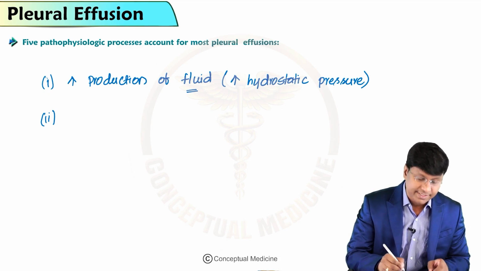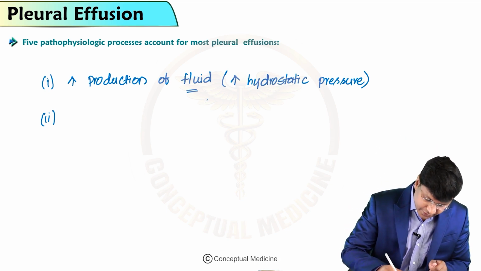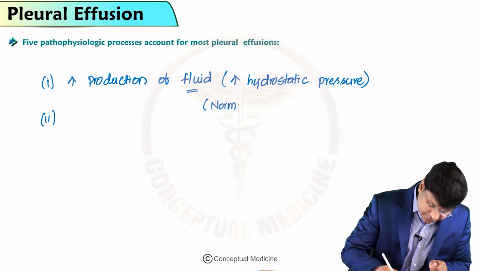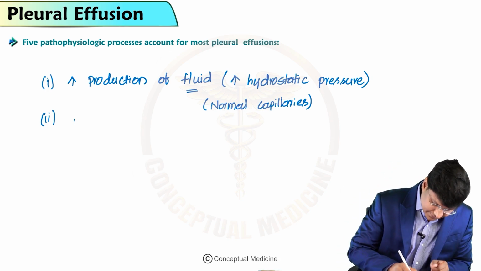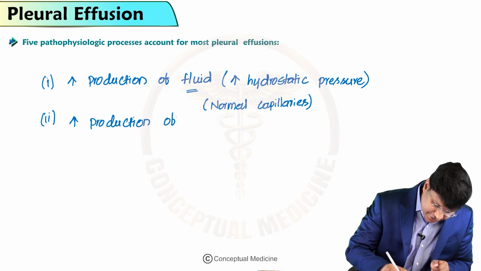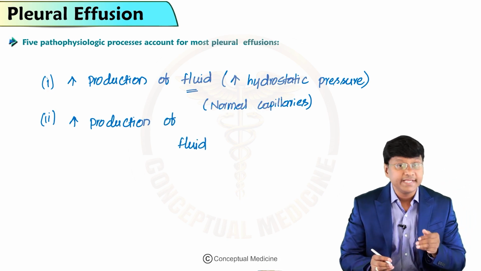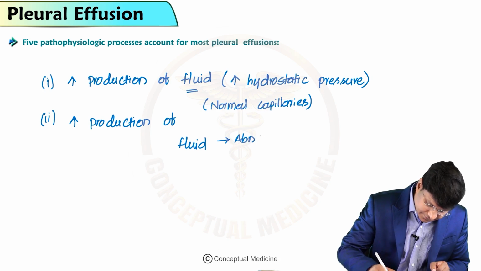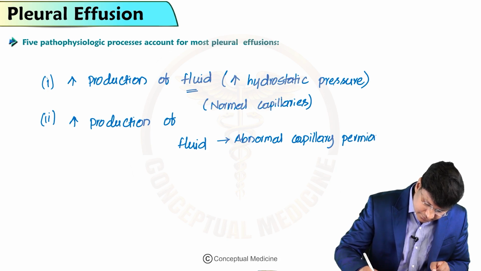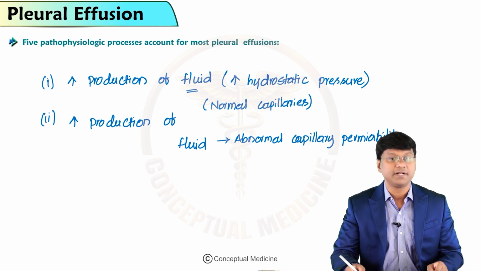The first scenario is increased production of fluid in the setting of normal capillaries, and the second scenario is increased production of fluid due to abnormal capillary permeability.